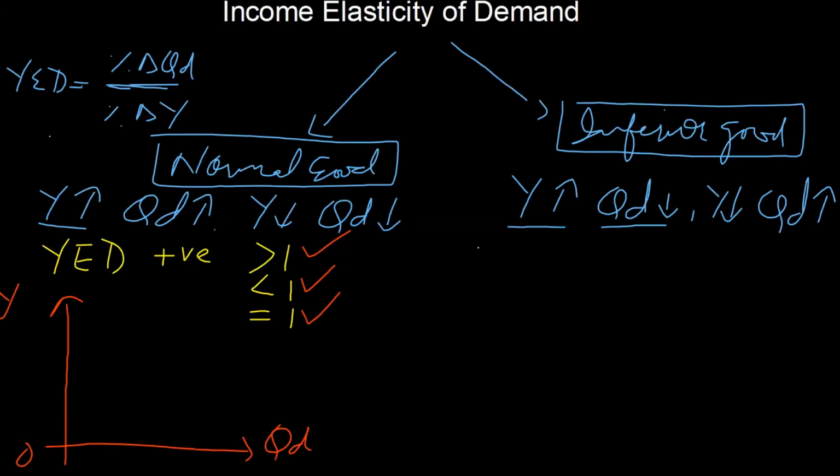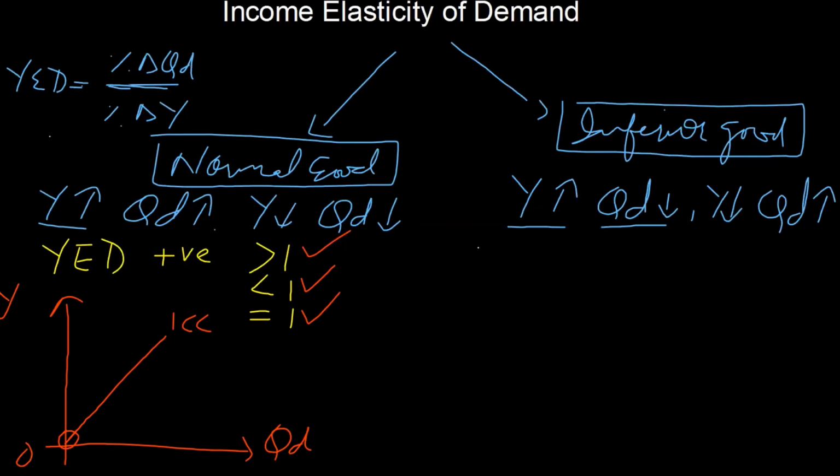What does this mean? This means that if income increases by 20%, there will be a proportionate change in quantity demand, and the income consumption curve will start from the origin point, because when income is 0, consumption or quantity demand will also be 0. So the ICC curve will start from the origin point.